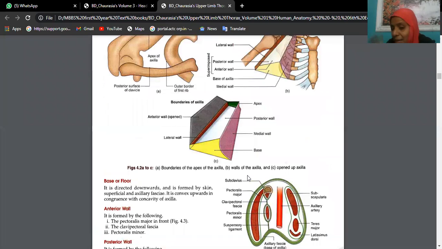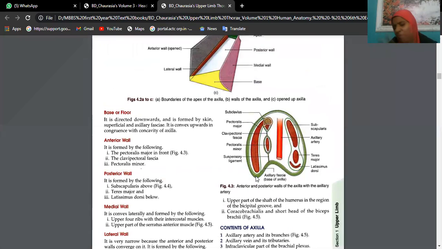Once you were dissecting the axilla, you should have seen a lot of fat coming out. Then when we dissected, you saw the axillary artery. We saw so many cords of the brachial plexus, the lateral cord, medial cord, and posterior cord, and so many nerves coming out from the brachial plexus. If you recollect that dissection hall memory, there was a lot of fat.